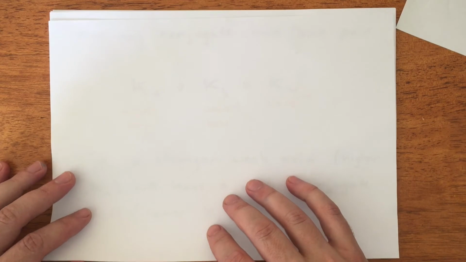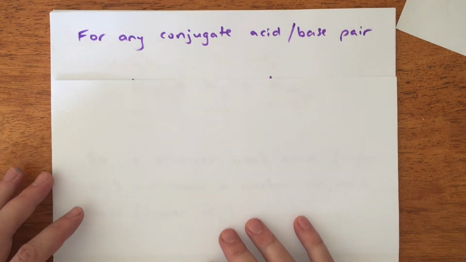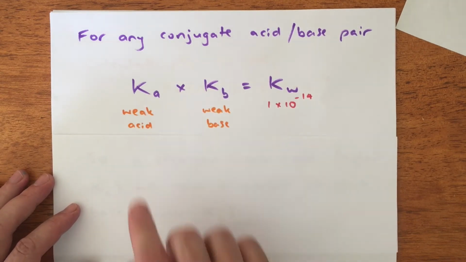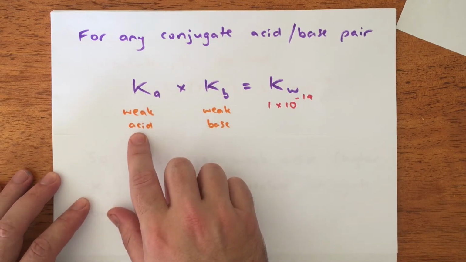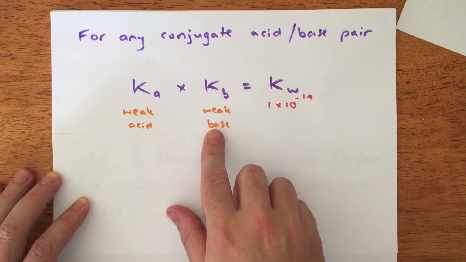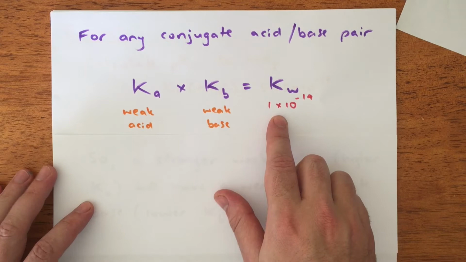Another way that I can compare weak bases is to use the Ka values of their conjugate acids. The reason I can use this is because for any conjugate acid-base pair, the following equation is true. Ka, which is the equilibrium constant for a weak acid, multiplied by Kb, which is the equilibrium constant for a weak base, will always equal Kw, which is 1 times 10 to the minus 14.